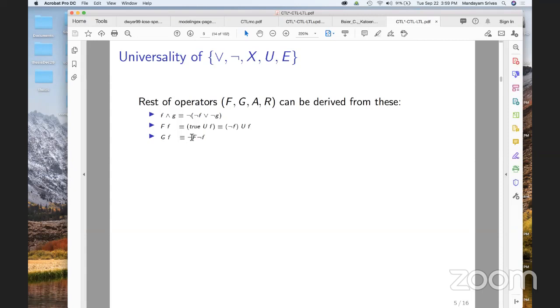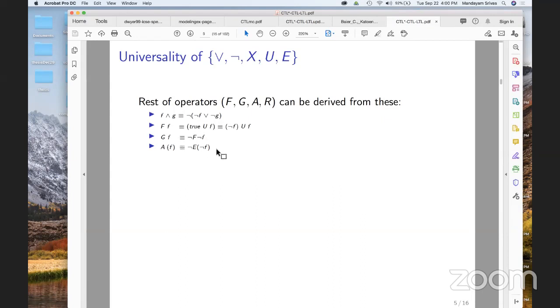G of f is the same as saying that you cannot have any path on which eventually f can become false. If there exists one such path, then G of f will not be true. Therefore, you're saying that it is not the case that there exists a path on which eventually not f is true. So now this is a state formula in CTL or CTL star, A of G f.